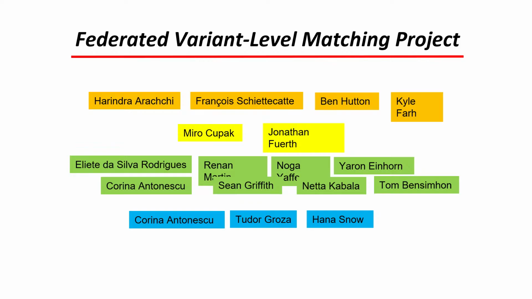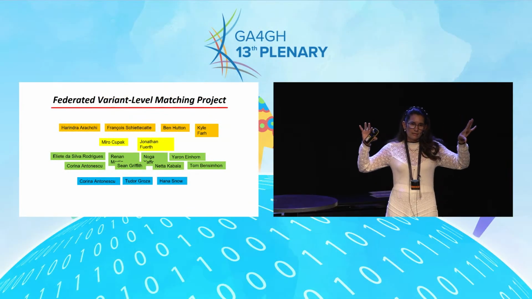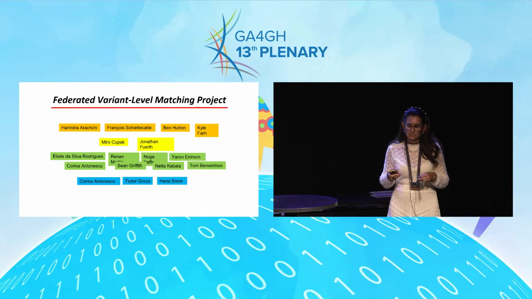We came to the Beacon API, and now we have the next generation working on using the Beacon API, making the implementations that we need for the variant level matching project. Corina, Tudo, and Hannah are working with us on this project. So you can see that it takes time. It takes many different groups throughout the time, and it's a continual process that doesn't end, but involves many work streams at Global Alliance and many people directly or indirectly linked to it.